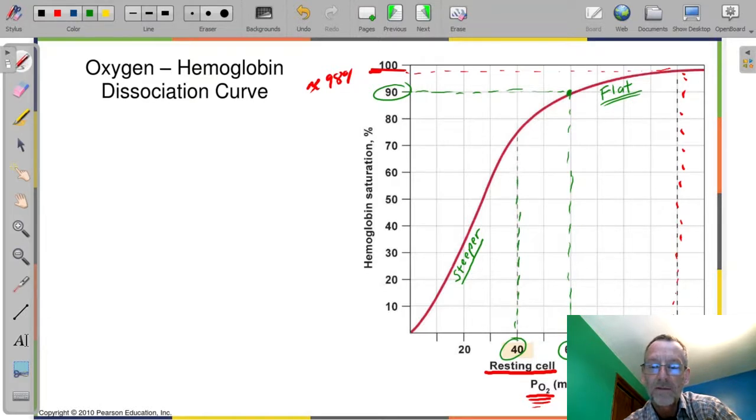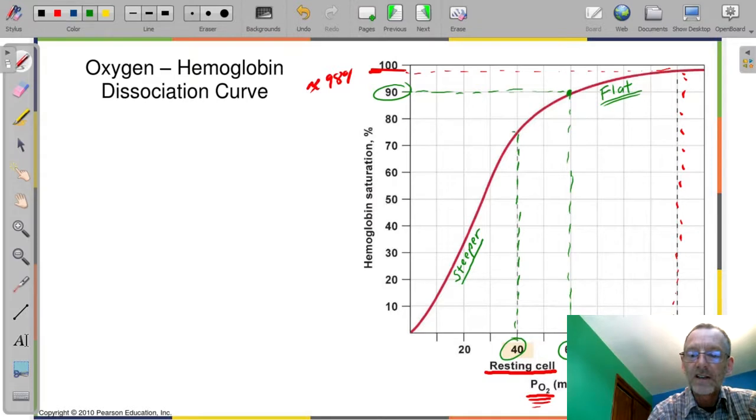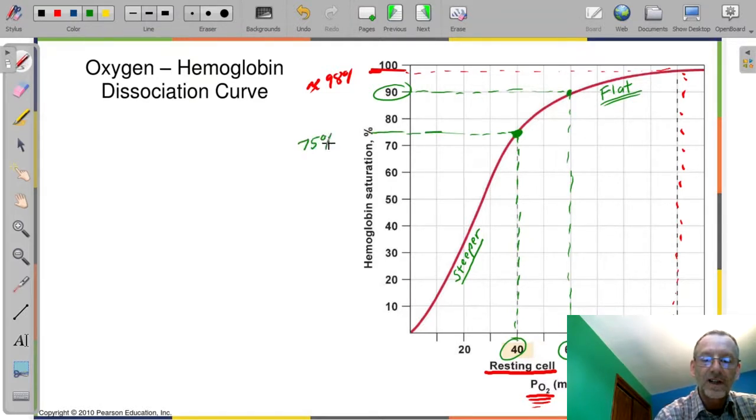So this would be hemoglobin in your venous blood leaving the tissues. It dropped off oxygen, picked up carbon dioxide. How saturated is the hemoglobin? Well, it looks like it's pretty close to maybe 75% saturated. So 3/4 of the iron atoms in all the blood are carrying an O2 molecule.